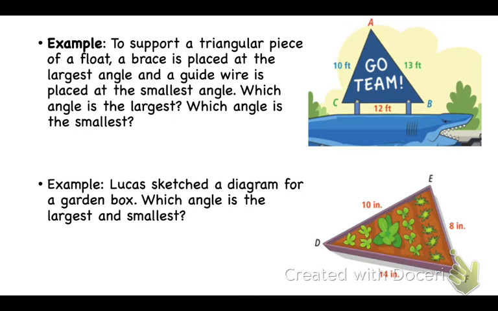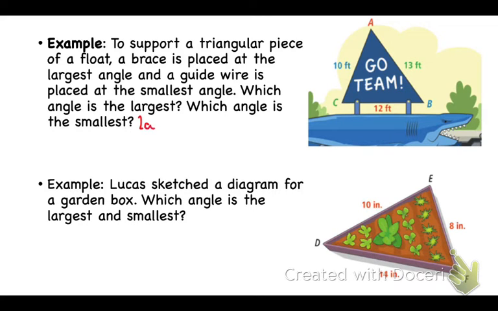To support a triangular piece of a float, a brace is placed at the largest angle and a guide wire is placed at the smallest angle. Which angle is the largest and which angle is the smallest?